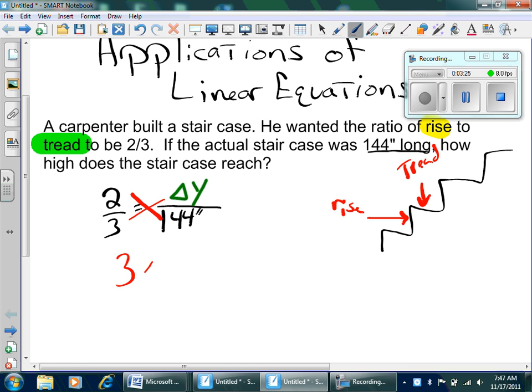So I'm going to get 3 times the change in y, and that's going to be 288, right? And by the way, just a little math trick for you. What's 2 plus 8 plus 8? It's 18, right? Does 3 divide evenly into 18? It sure does. Therefore, 3 goes into 288. That trick works for 3s and 9s.